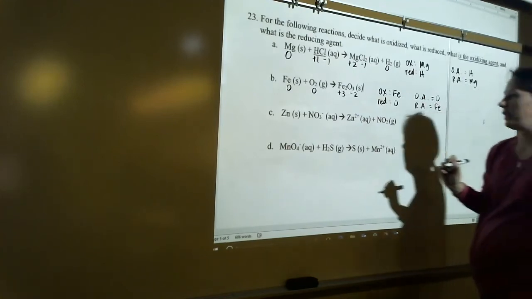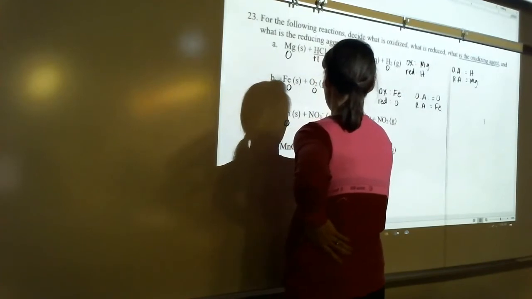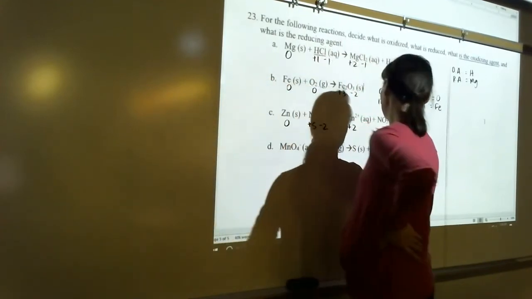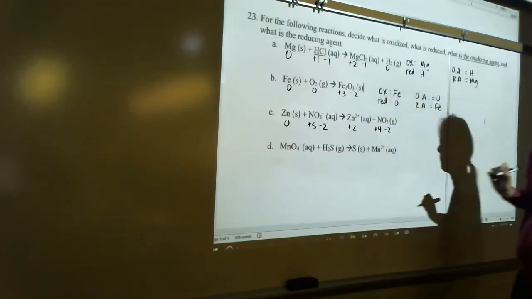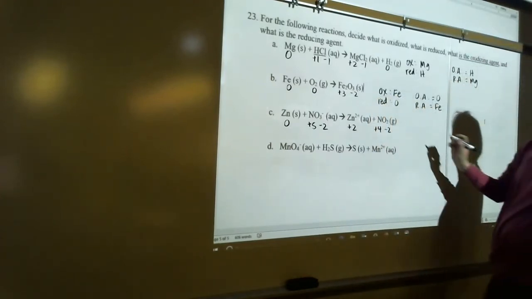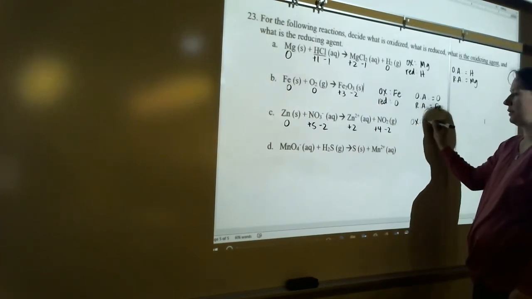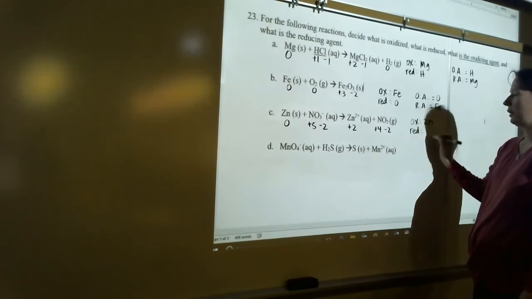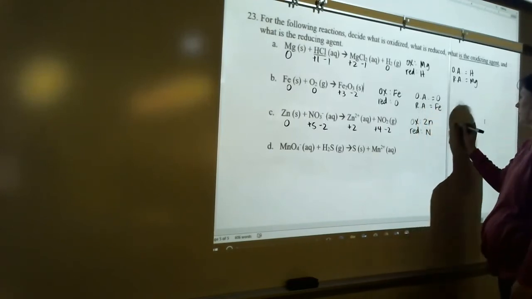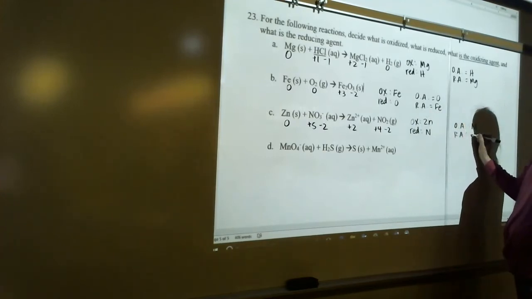All right, for C, let's see, 0, plus 5, minus 2, plus 2, plus 4, minus 2. Okay, what got oxidized? 0 to plus 2, that would be zinc. What got reduced? That would be nitrogen. What's the oxidizing agent? That would be nitrogen. What's the reducing agent? That would be zinc.